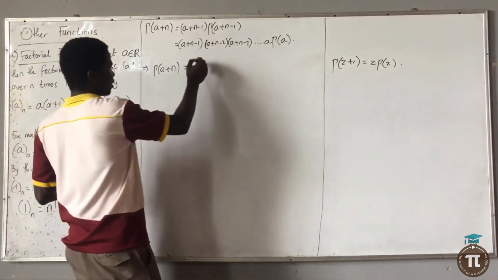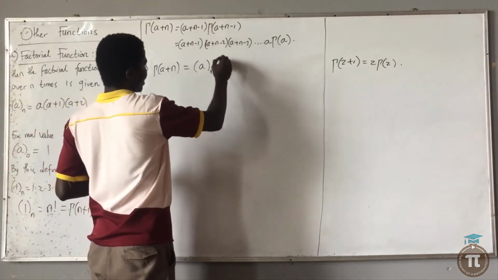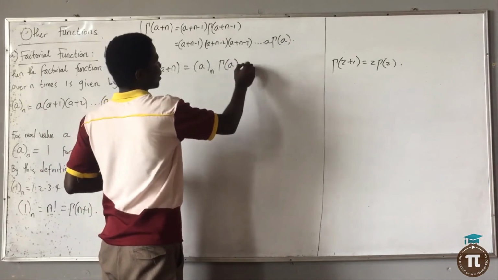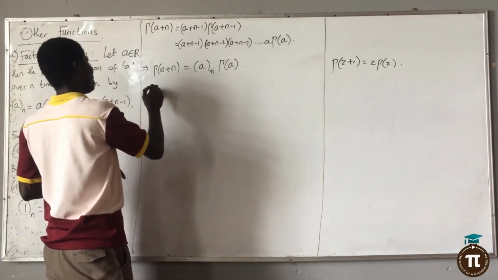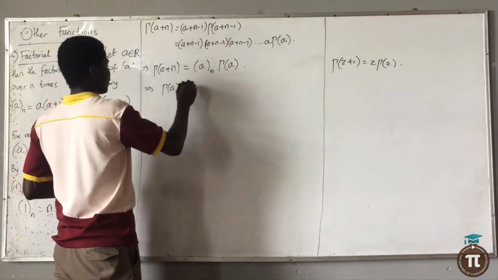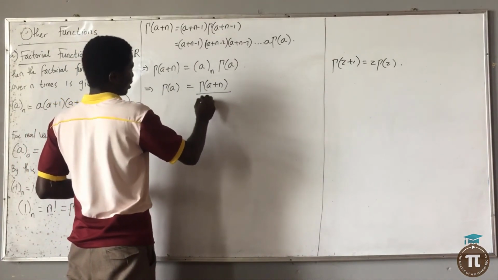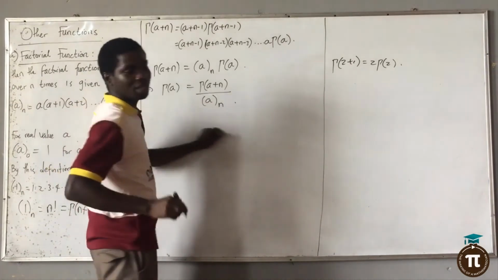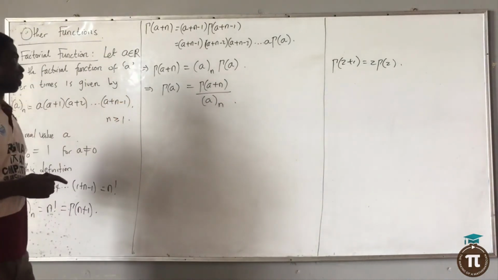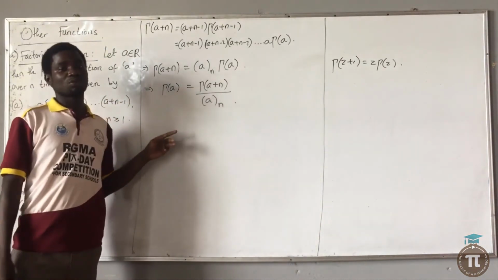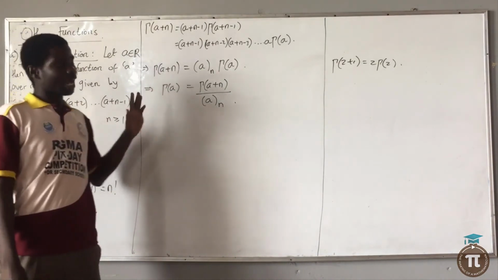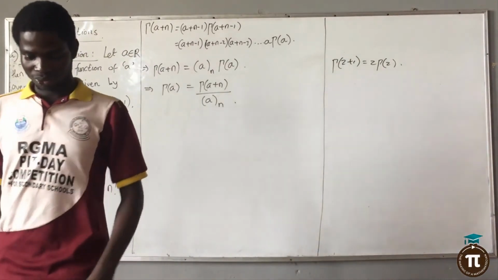So this is A subscript n times gamma of A. So we can make gamma of A the subject of the formula: gamma of A will be equal to this over A subscript n. This is part of the relationship between the gamma function and the factorial function. So that is on that one.